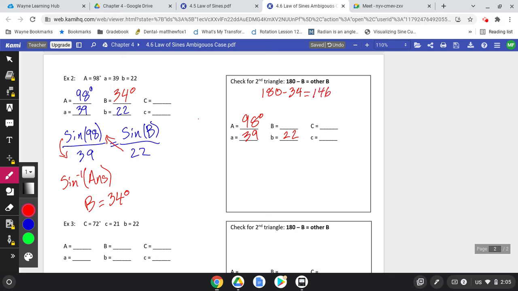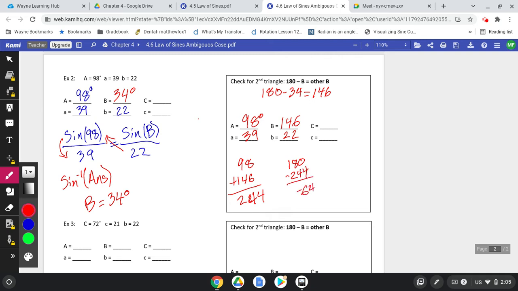Now, we can go on and solve for what angle C is. We have two angles. Some of you might notice a red flag. What is 98 plus 146? Hopefully you know if we add that up, we're going to get 244. So if we would take 180 minus that to find what angle C is, we're going to get a negative answer.